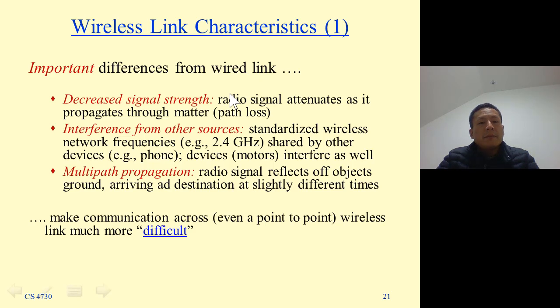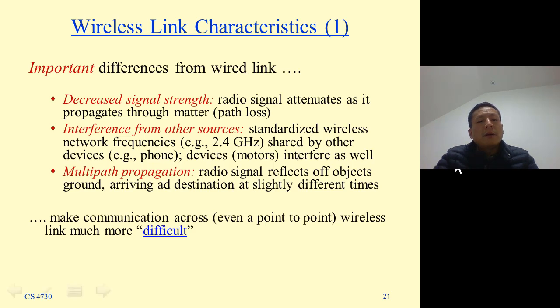And in the meantime, there are also interferences with other sources. For example, if you are using Wi-Fi, multiple Wi-Fi signals may coexist in a single place. They may be using the same frequency band. Okay, and this can cause interference.